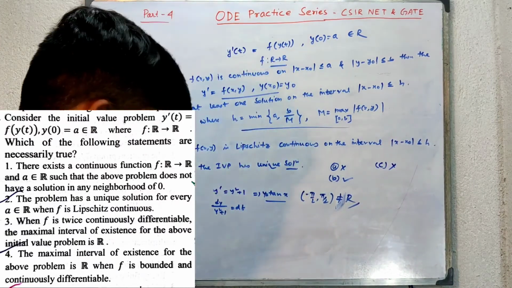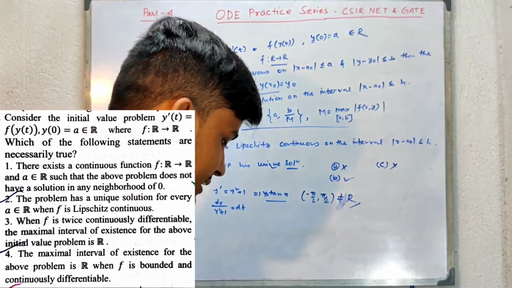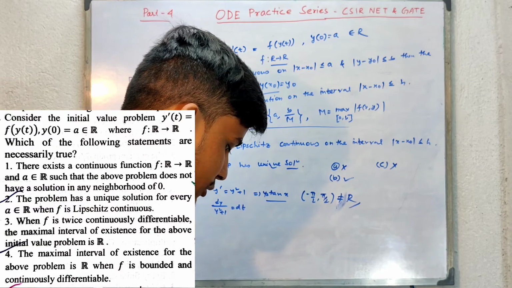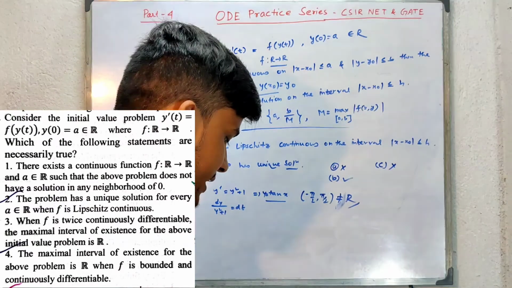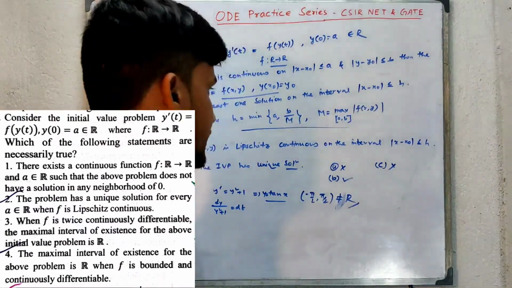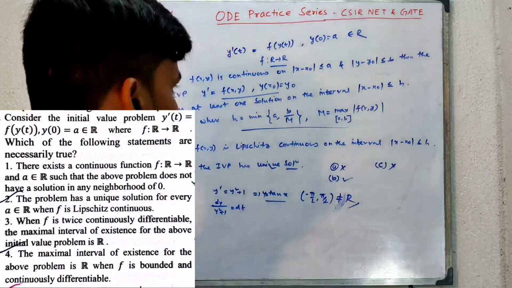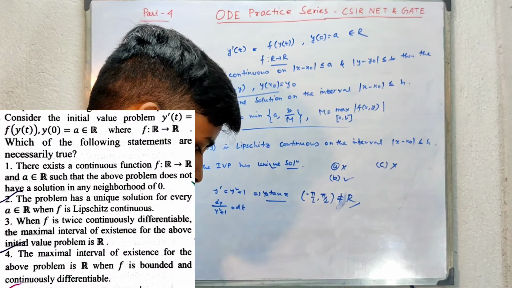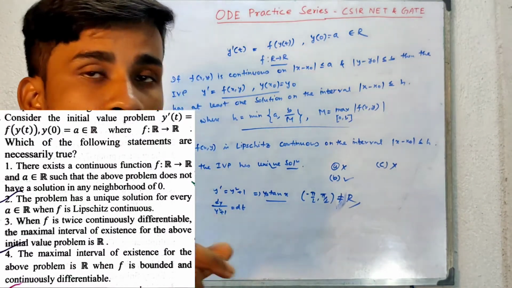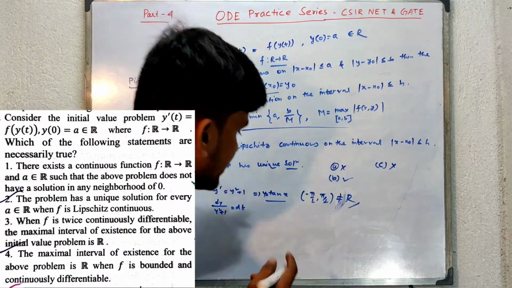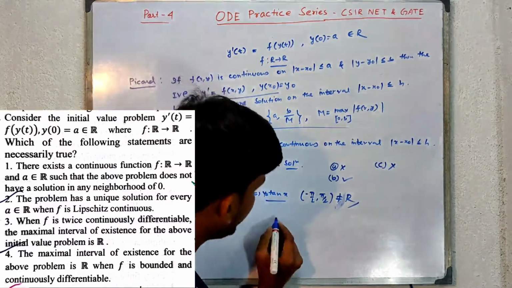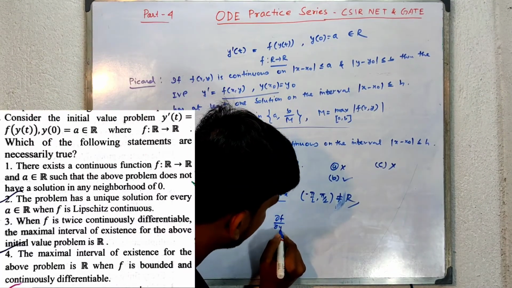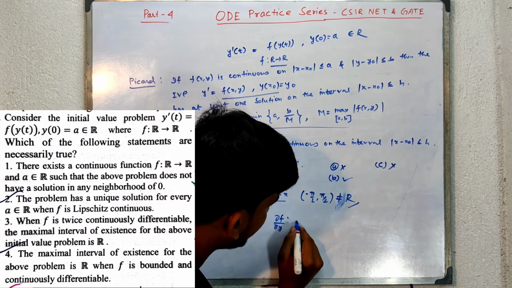And option D says that the maximal interval of existence of the above problem is R when f is bounded and continuously differentiable. One more concept here is that f is Lipschitz whenever del f/del y is bounded.